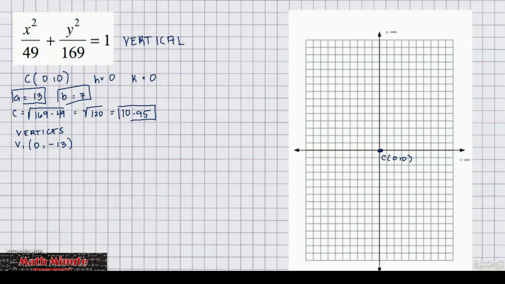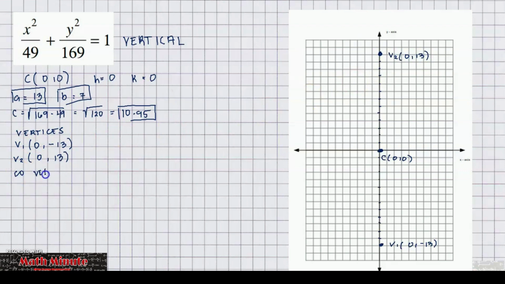V sub 1 is 0, negative 13: 1, 2, 3, 4, 5, 6, 7, 8, 9, 10, 11, 12, 13. So this is your V sub 1. And for your V sub 2, that will be 0, positive 13, because we just need to add 13 to 0. So this will be 1, 2, 3, up to 13. V sub 2 is 0, 13.